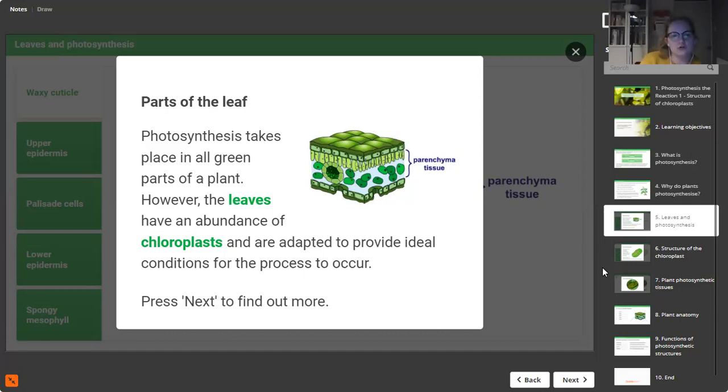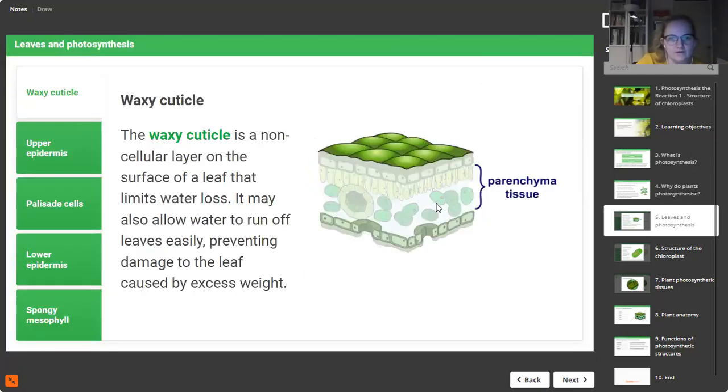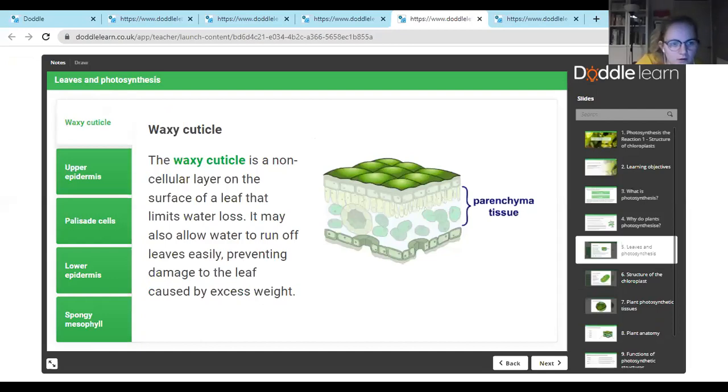Again, it's quite good to look at lots of different diagrams of leaves because they all draw them slightly differently, so then it familiarizes yourself with different drawings of them. So for example, we've got this one here that looks like that, and if I just make this a bit smaller for a second, I've got another one here.